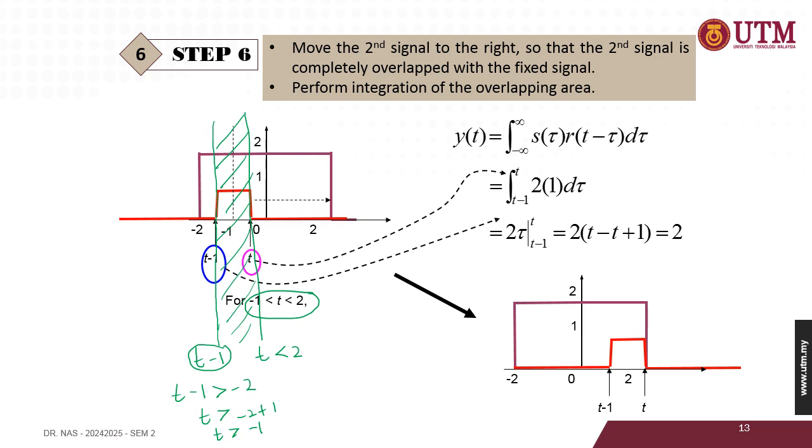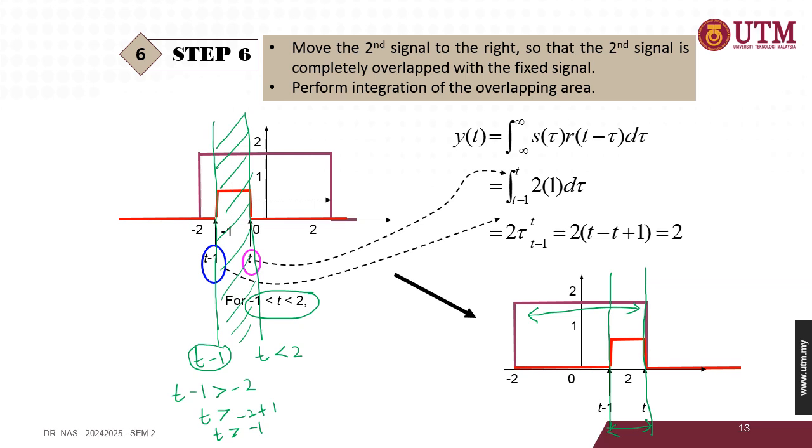You can basically place the second signal anywhere inside the fixed signal as long as both of them completely overlap. But still, the range of t in which the two signals completely overlap is between t minus 1 and t.